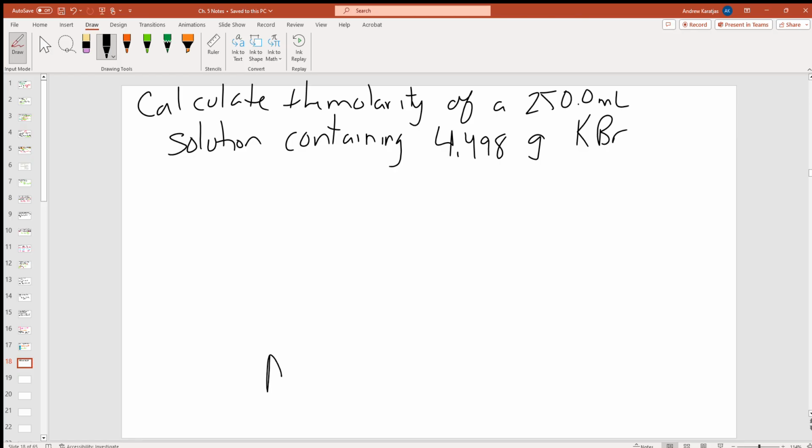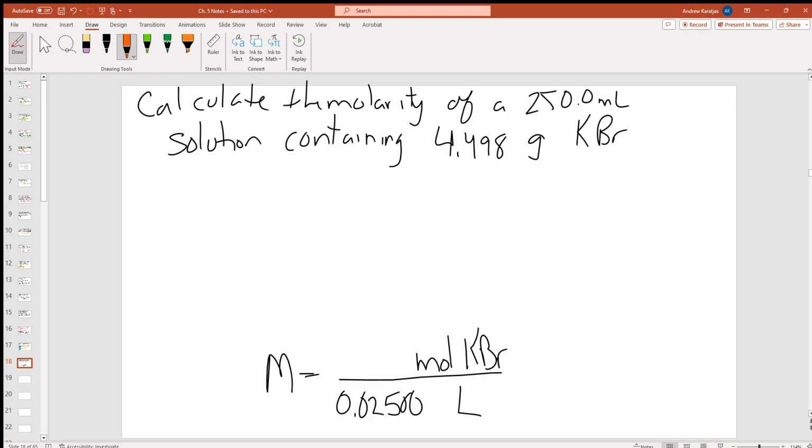So our molarity will be the moles of solute, which in this case means the moles of KBr, over the liters of solution. And here we're told we have 250 milliliters. We would convert that to liters, 0.02500 liters.